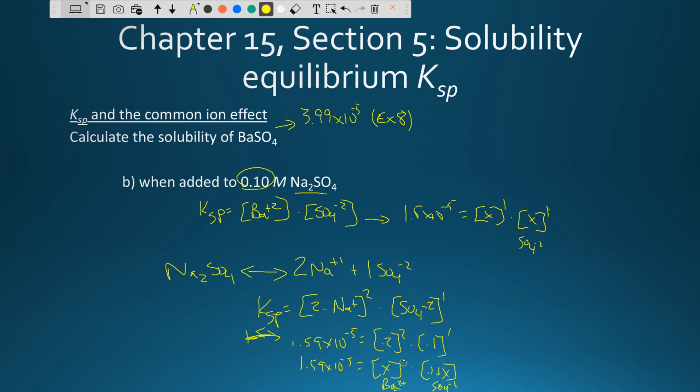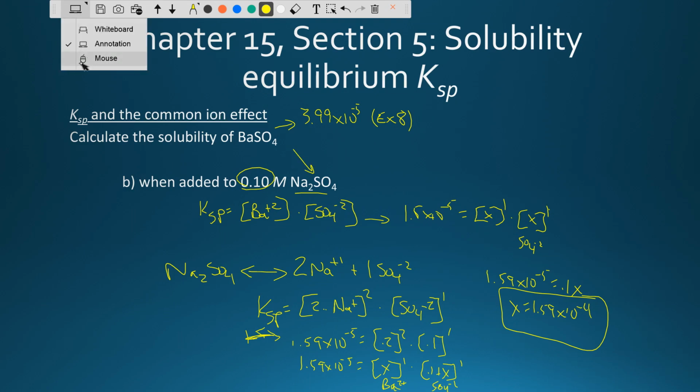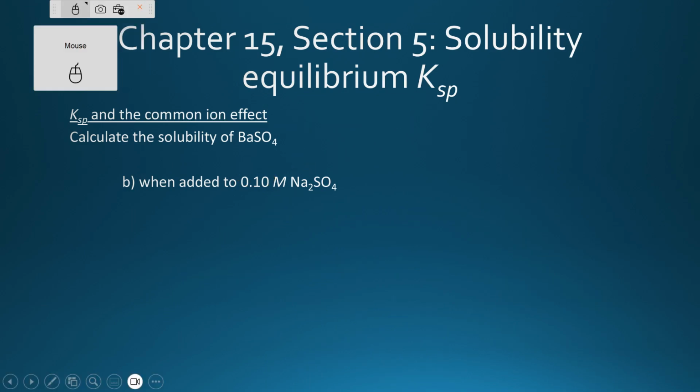Now again, I'm making barium sulfate, so those are all to the first power. So 1.59 times 10 to the negative 5 equals 0.1x. X equals 1.59 times 10 to the negative 4. That's moles per liter, and I've just figured out the solubility when I've added in some extra sodium sulfate to it. Okay, now we're just about done.